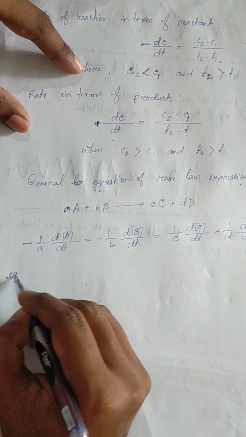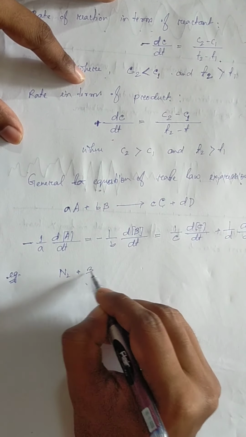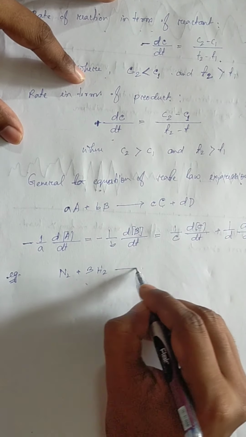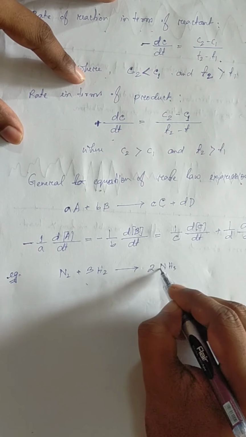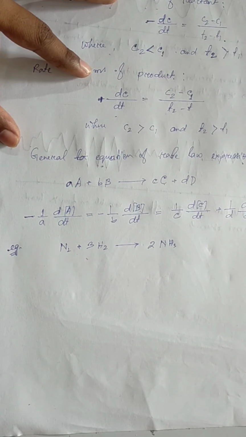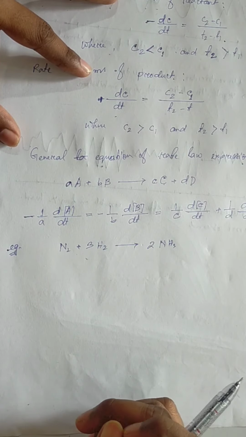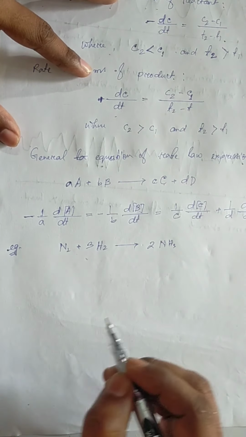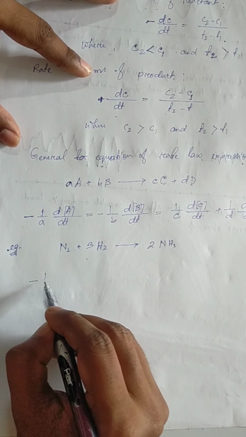Let's take an example. N2 plus thrice H2 is equal to twice ammonia. So if we write the general equation of rate law expression of this reaction, then it will be like this.